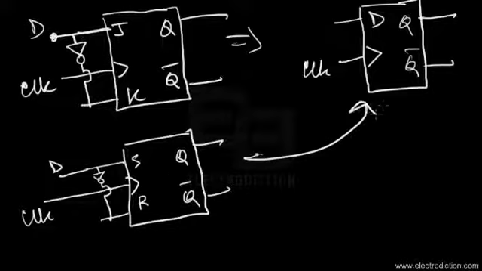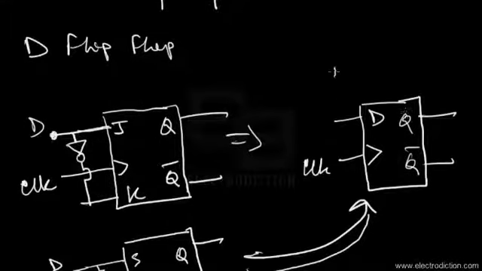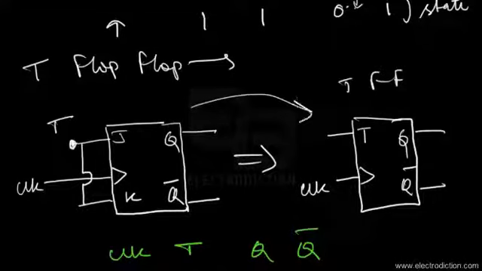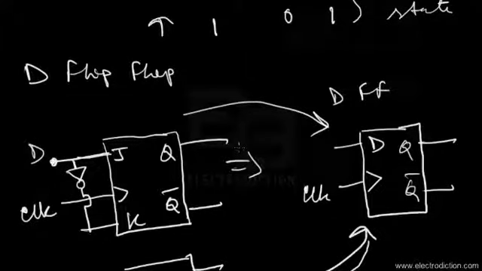This is similar to what we saw in the case of the JK flip-flop being converted to a D flip-flop. So this is the D flip-flop, and previously this would be the T flip-flop, being derived from both the JK and SR flip-flops as well.